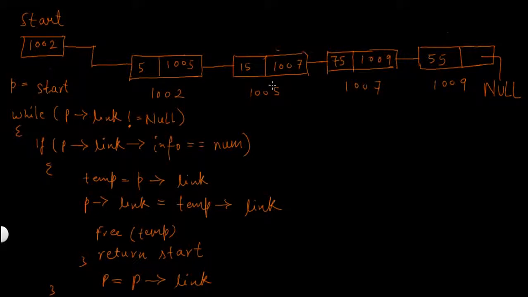Now, if any node other than the first node is to be deleted, suppose this node is to be deleted, then I have to reach this node, then only this node can be deleted. Or if this node is to be deleted, then I have to reach this node, then only this node can be deleted.